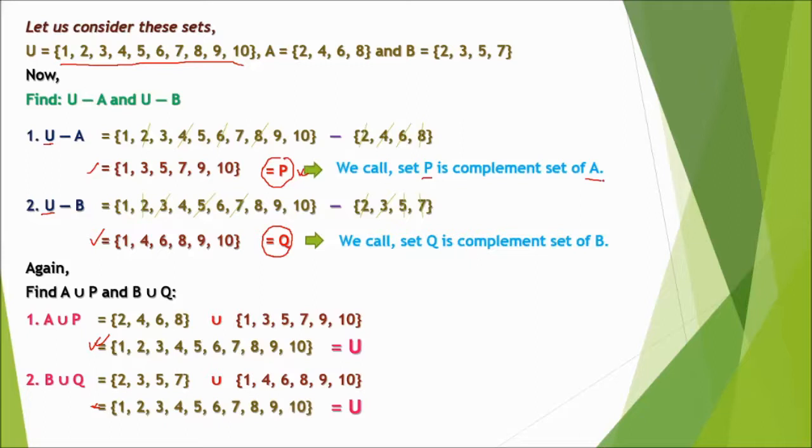Listen again, listen to me carefully. A takes a few elements, like 2, 4, 6, 8, but it does not take the remaining elements. So there is a vacancy created by A, isn't it? As it takes a few elements and leaves the other elements, that vacant part is taken by set P. So the union of set P and A is the universal set.